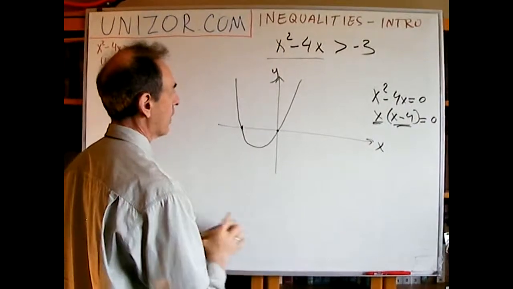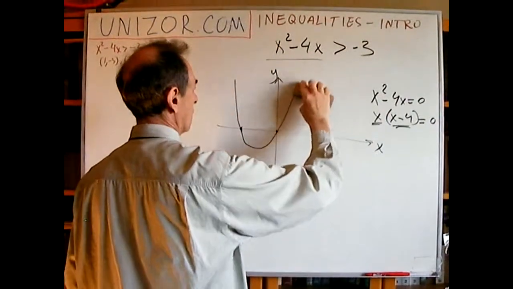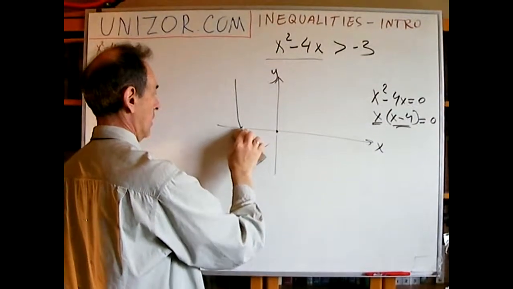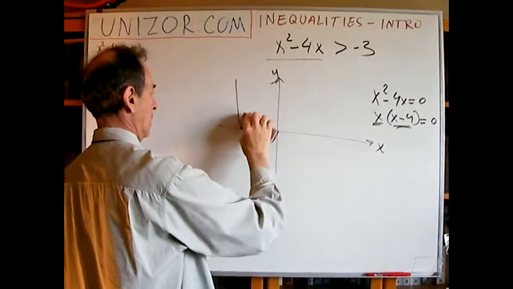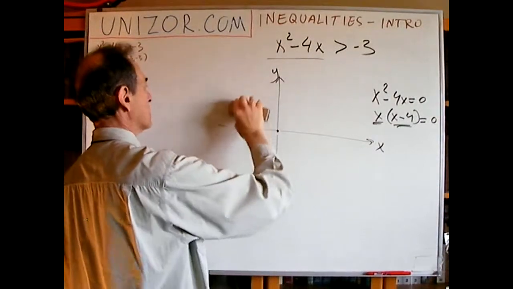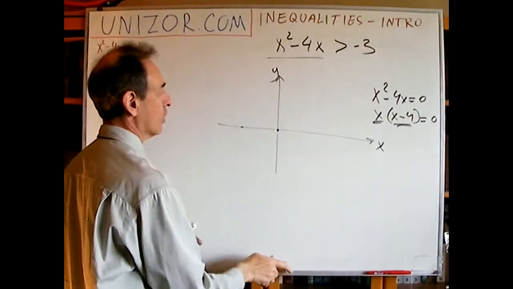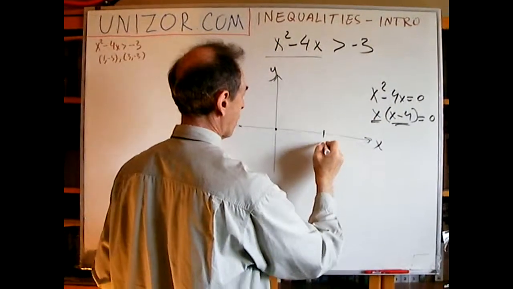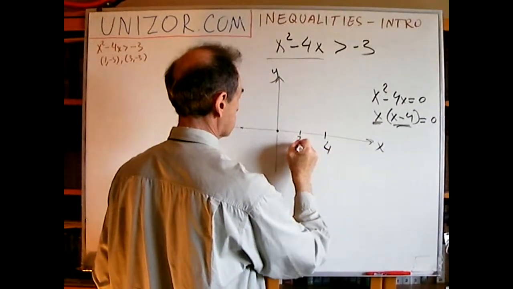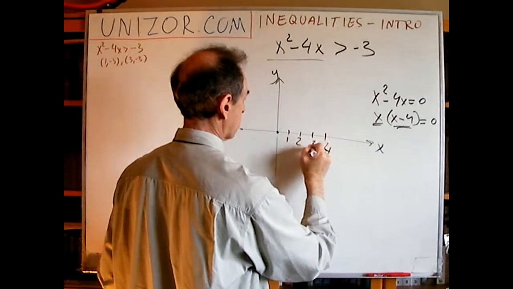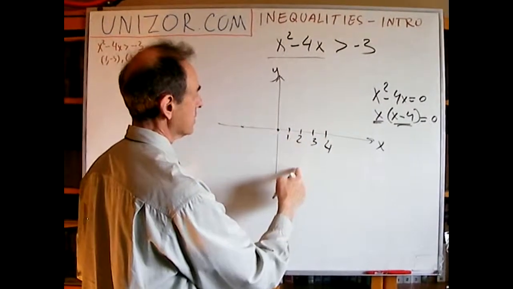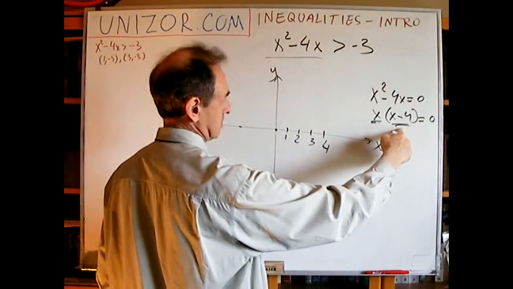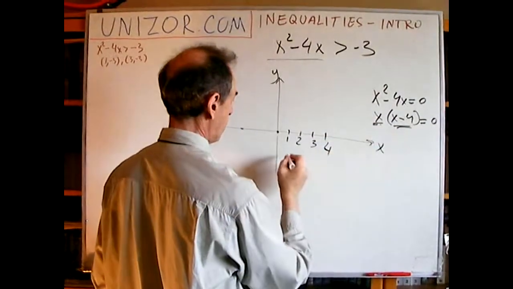So let me draw this particular parabola. Let me wipe out my example and draw a parabola which corresponds exactly to this one. So this is 4, this is 2, this is 1, this is 3. And my parabola in the middle point at 2 is equal to 2 times minus 2, which is minus 4, right?